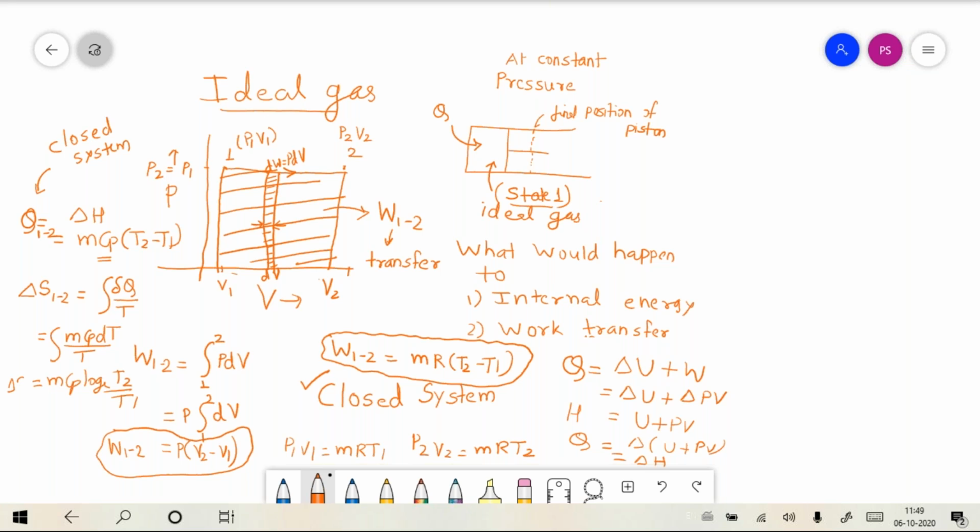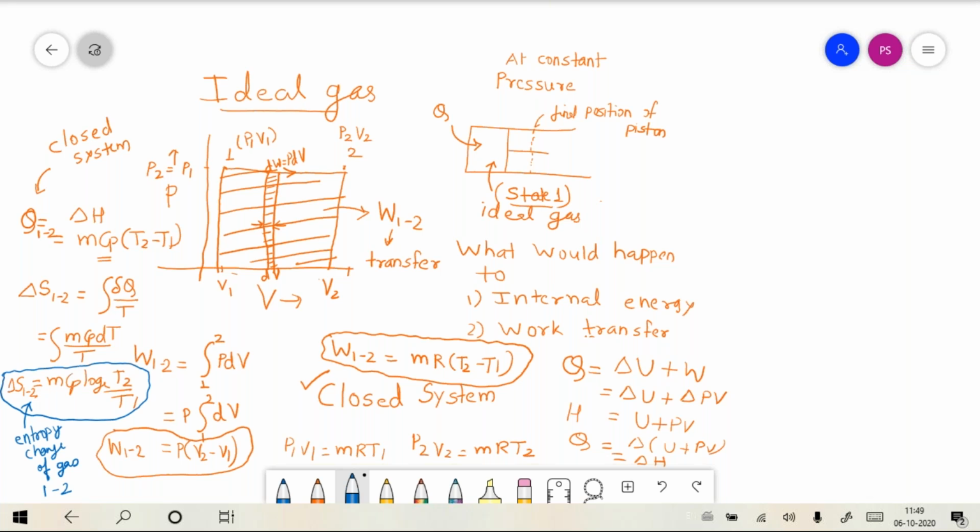So what I have done is the following. Let me use some other pen here. This expression is the expression for the entropy change of the gas as it expands from 1 to 2.